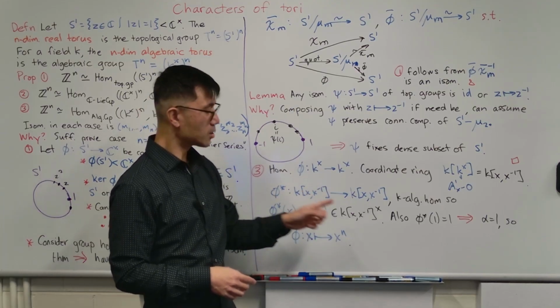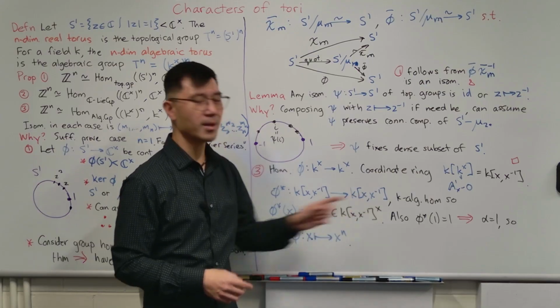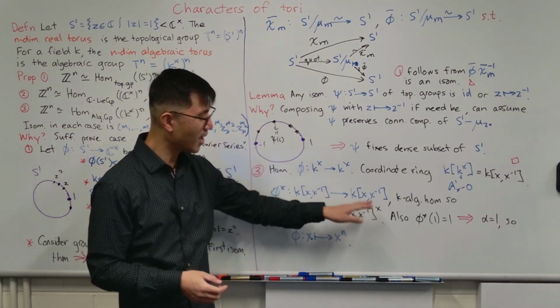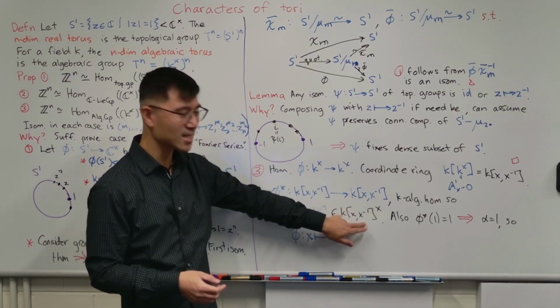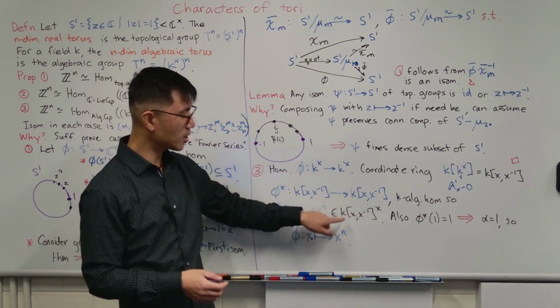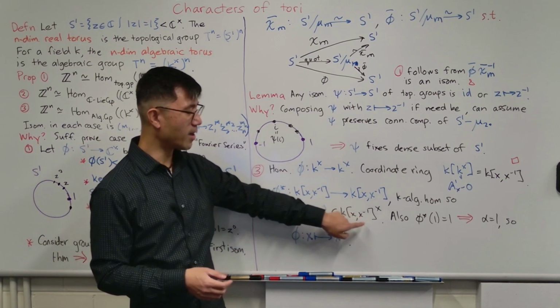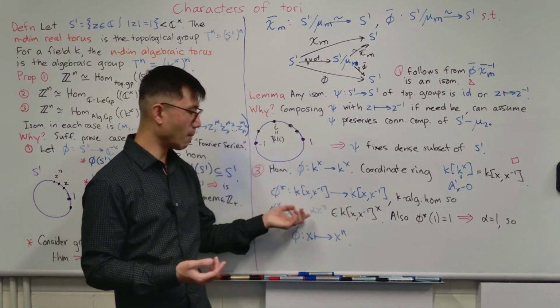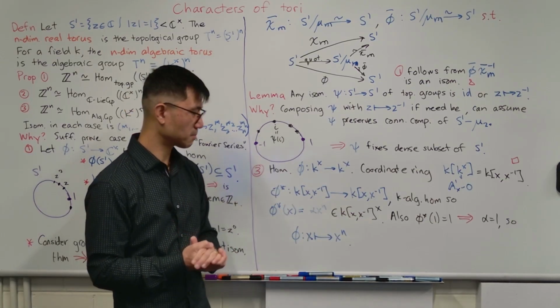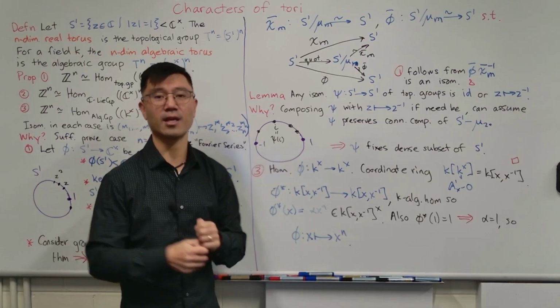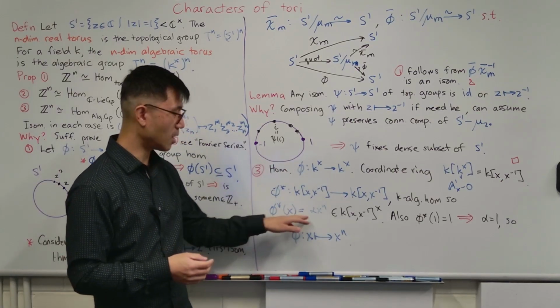So that means it has to be a unit inside here, but there aren't that many units inside here, or rather, you can classify them quite easily. You can get non-zero elements inside k. You can also get powers of x, and basically you just get products of these things. So alpha x to the n. Those are the possibilities for what you can get.